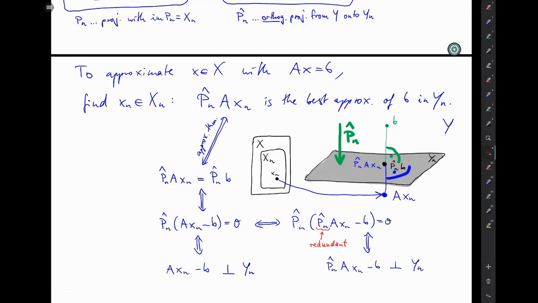Okay, and now in that little diagram, I think we can recover all of our equations here. Well, the first one is that these 2 points coincide.